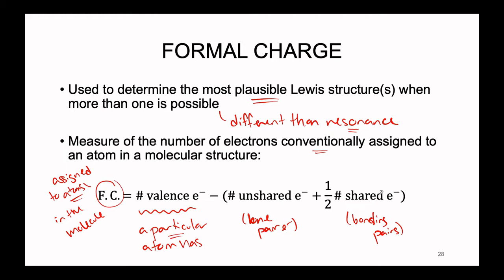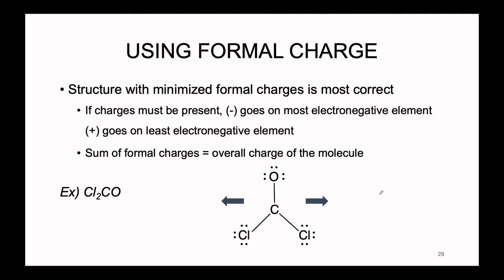When does paying attention to formal charge actually do something for us versus when is it just busy work? Formal charge is useful to determine which structure, when multiple structures are available, is going to be the most correct.